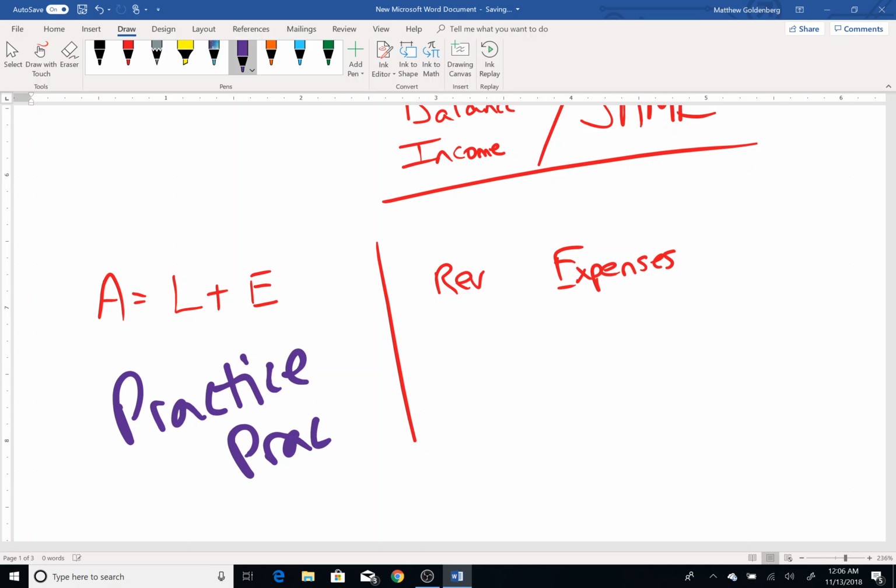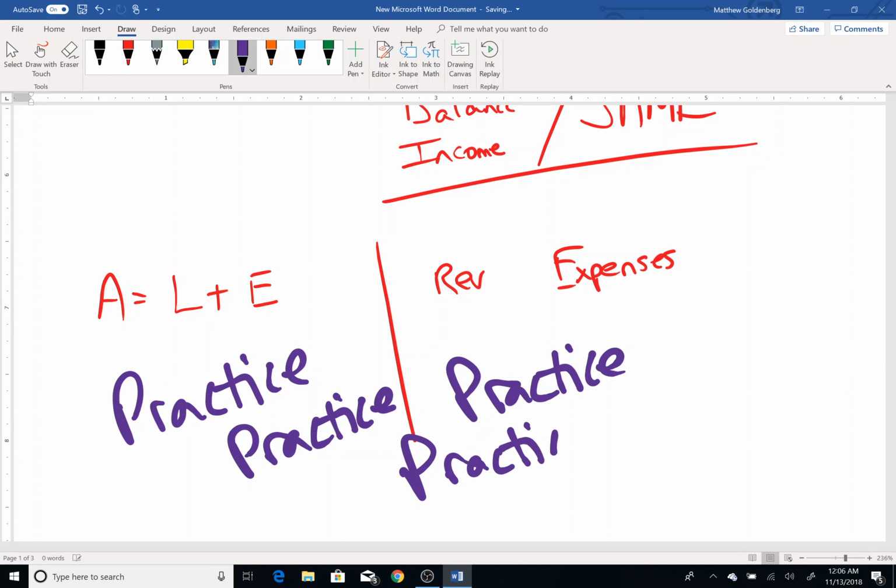practice, practice, practice. Putting this all together. And what we'll see as we practice this, because that's the next best way to do it, is we'll see two other concepts in action.